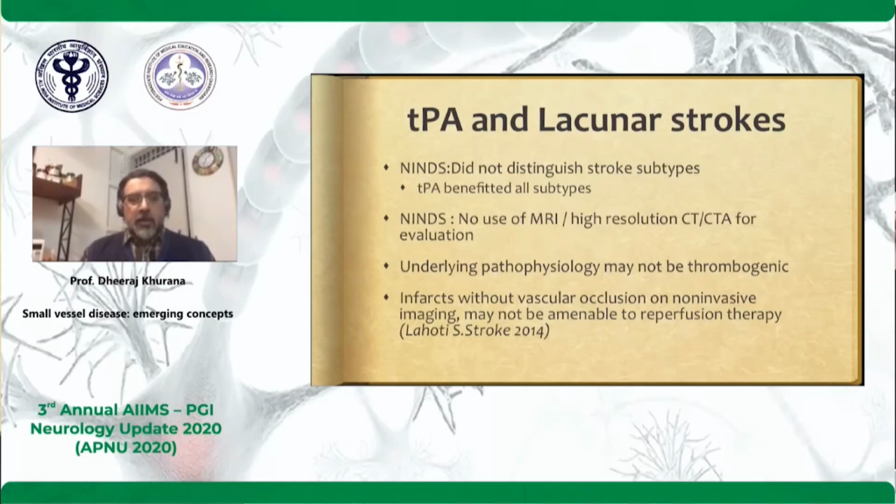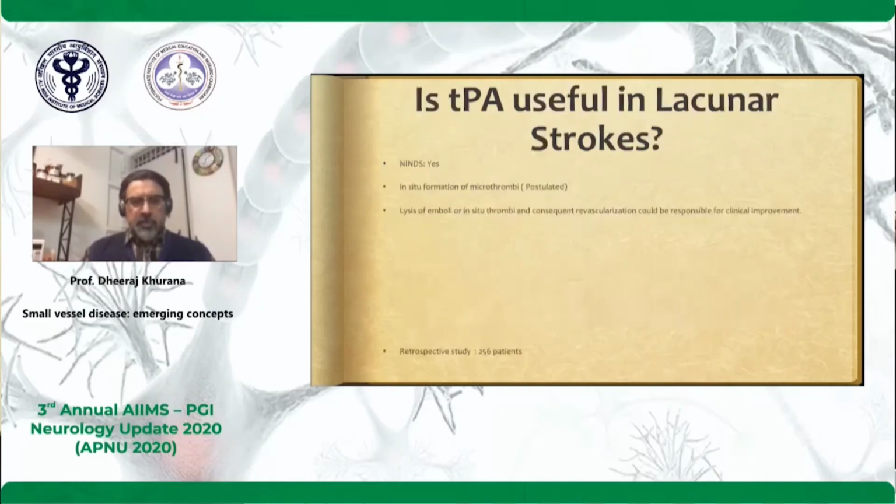However, there were studies with 7 Tesla MRI which showed that small vessel disease also had perfusion following TPA. So that theory is not right, that you're not going to open the occluded small vessel, since there is lipohyalinosis. It is believed that it may not be useful, but now we have enough data.